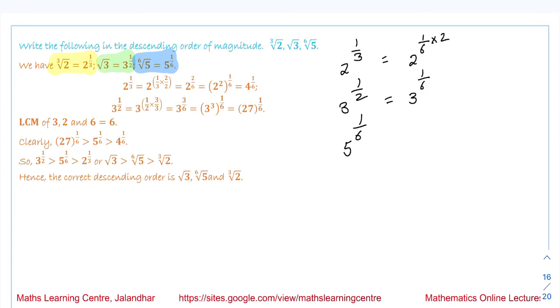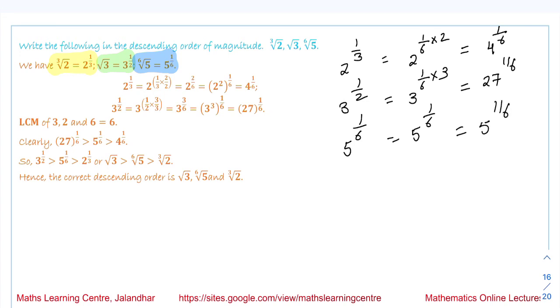Then 3 raised to the power 1 by 6 into 3, and this is 5 raised to the power 1 by 6. So this will become 4 raised to the power 1 by 6, this term will become 27 raised to the power 1 by 6, and this term is 5 raised to the power 1 by 6.